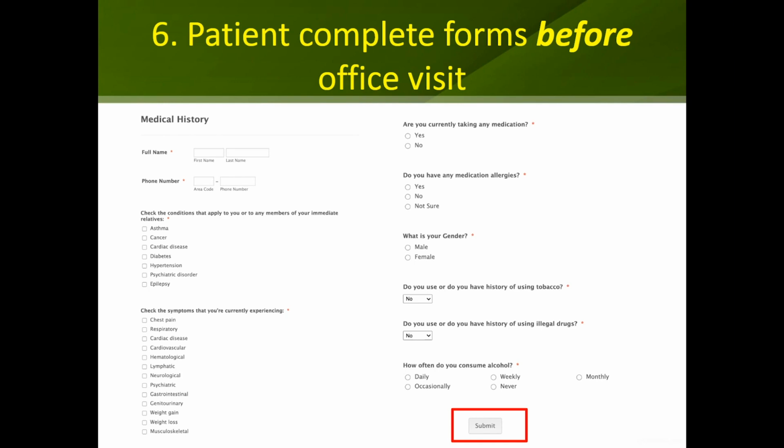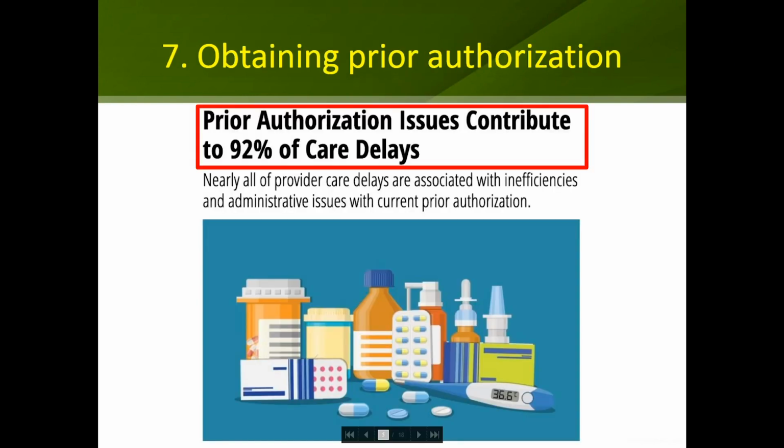This can be alleviated by asking the patient when they call for an appointment to complete their forms online and hit the submit button, so this information goes to the practice and the patient can be seen on time and not wreak havoc on your schedule by being delayed to fill out those forms in the office.